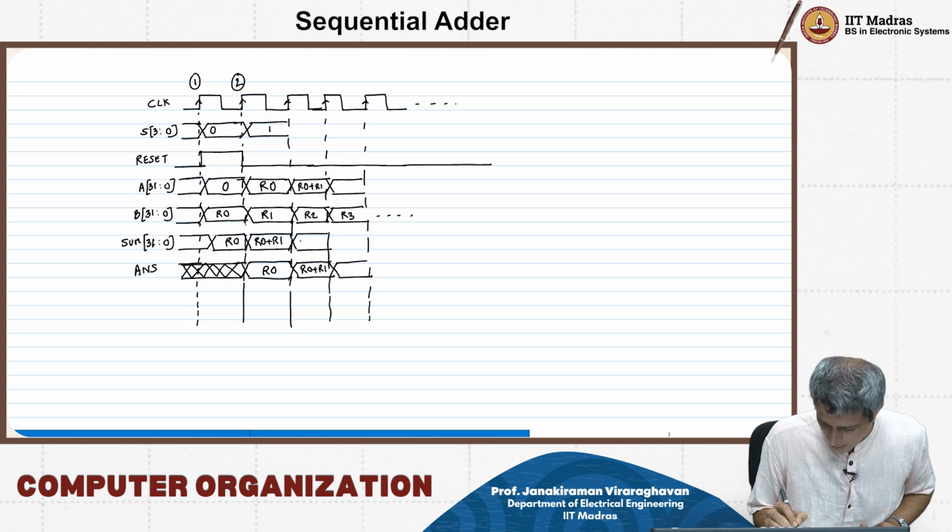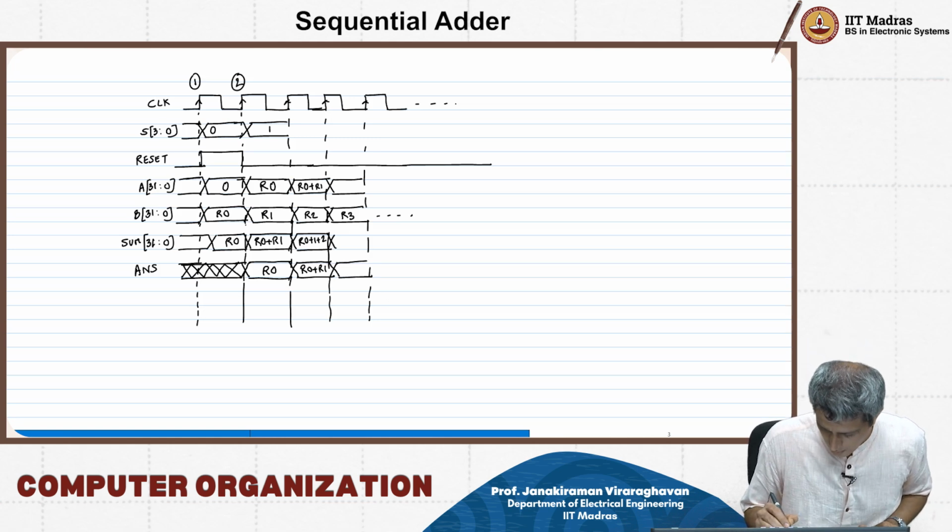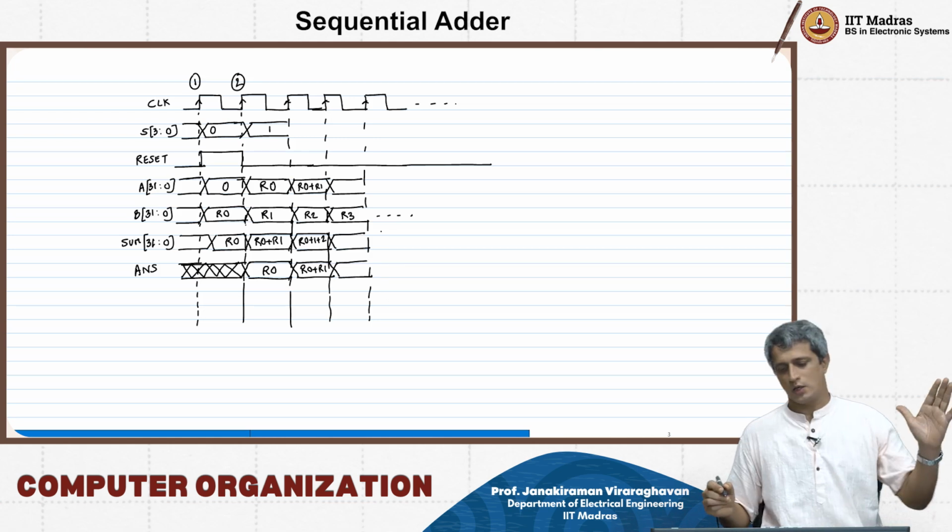Then you will get R0 plus 1 plus 2, then plus 3 and so on.